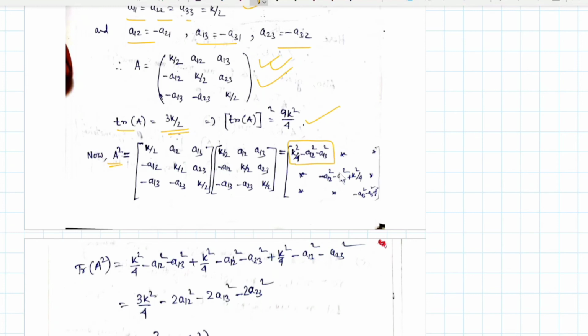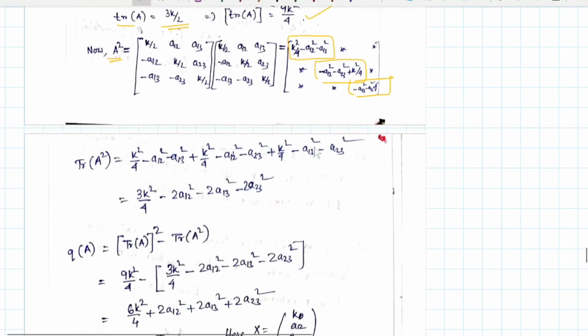Since we just need the trace, we don't have to calculate the remaining terms, because the work for this case is very big. The diagonal terms come from matrix multiplication, k square by 4 and the remaining terms. That is, trace of A square is the sum of these.